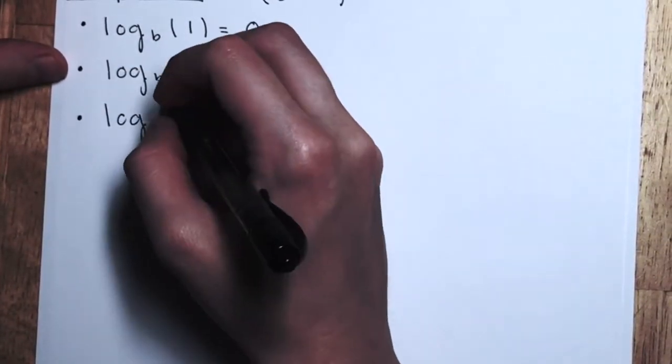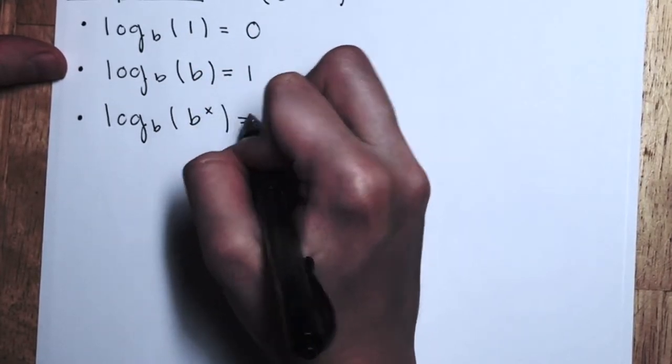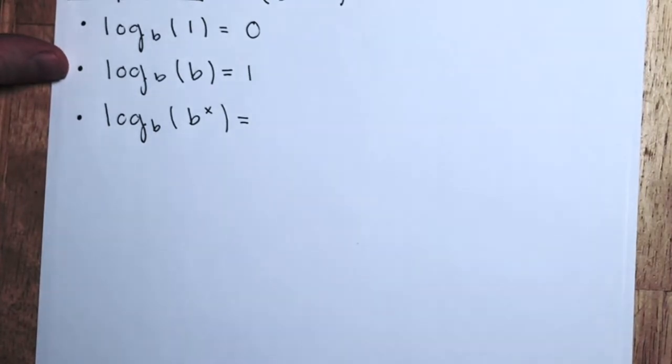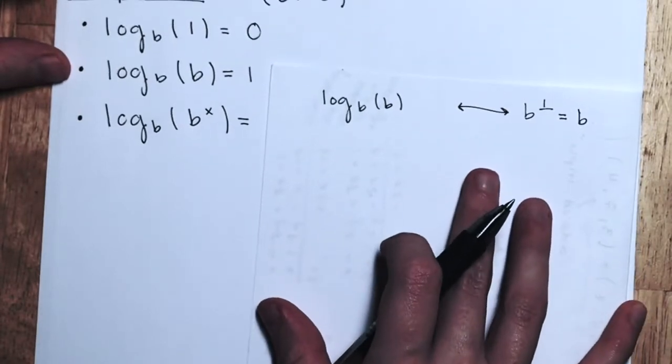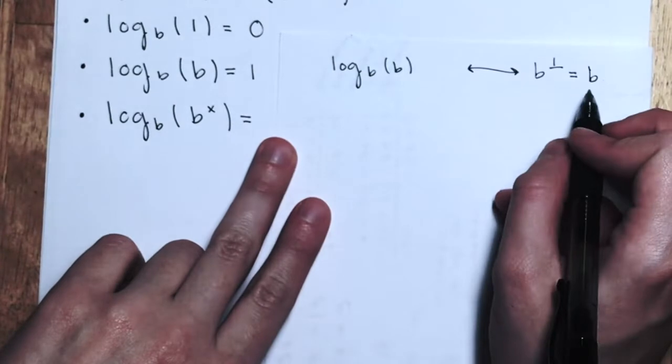All right, so if I've got log base b of b to the x, what does this equal? We can think about this in 2 ways. The first way is by doing the same thing that we did here.